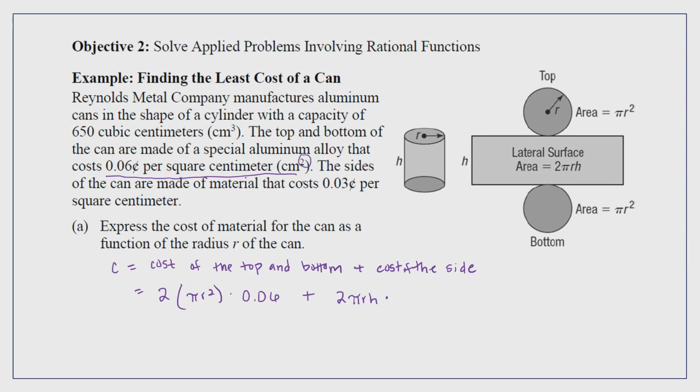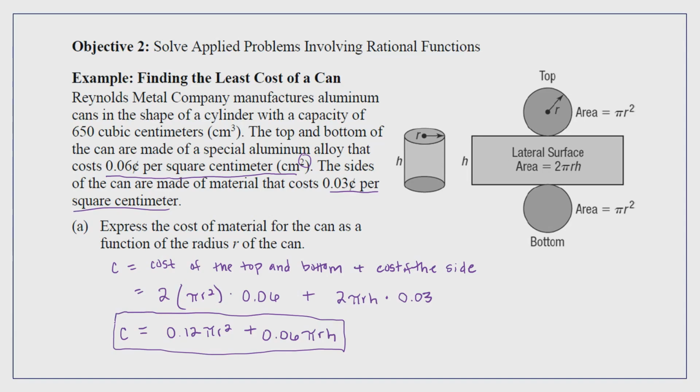The sides of the can cost 3 cents per square centimeter, so we'll multiply that by 3 cents. Simplifying, the cost equals 0.12 pi r squared plus 0.06 pi r times h. That's the cost of the material.